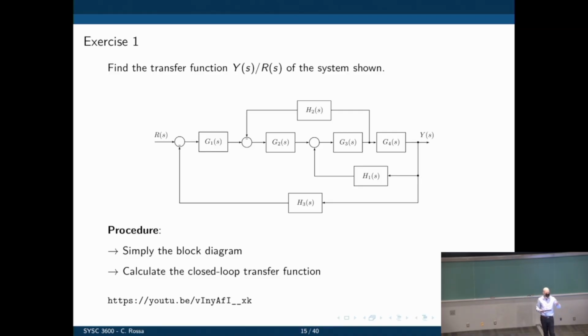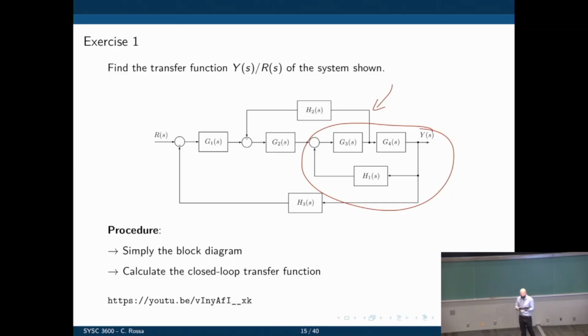Right, straight away, we can look at it. There's nothing we can do. We cannot multiply anything. We cannot eliminate any feedback loop. There is literally nothing that can be done right away in this, because there's always something in the way. This feedback loop cannot be eliminated, because if you eliminate the feedback loop, this signal disappears. And then what are you going to find?